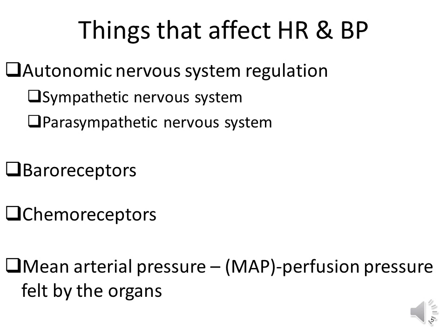All right, let's talk about things that affect heart rate and cardiac output. That would be the autonomic nervous system. If you are not completely familiar with the autonomic nervous system, sympathetic and parasympathetic nervous systems, go back to your anatomy and physiology book.